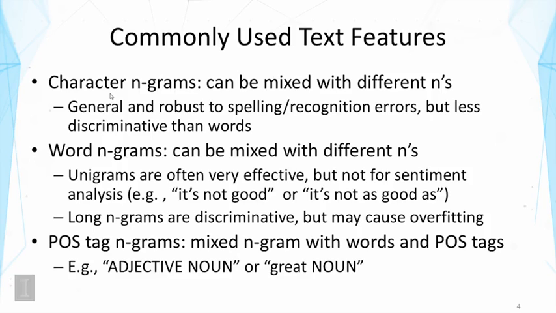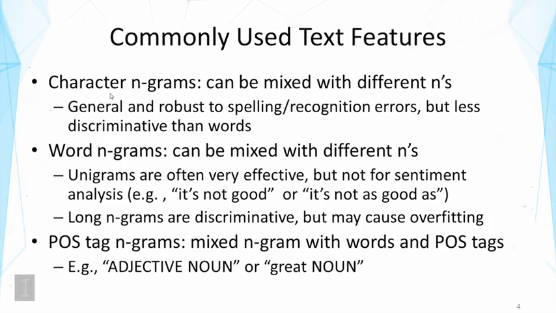For example, we might see a sentence like, it's not good, or it's not as good as something else. So in such a case, if you just take good, that would suggest positive, but that's not right. So it's not accurate. But if you take the bigram, not good, together, then it's more accurate.